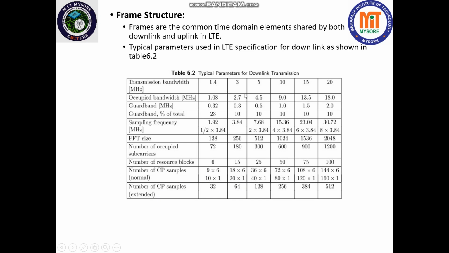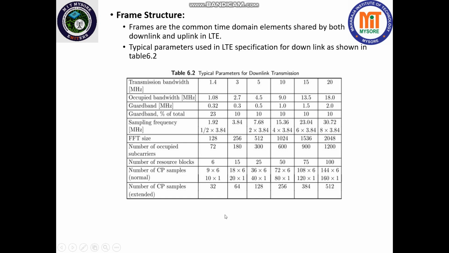Similarly, for 3 megahertz there are different parameters. For 5, 10, 15 and 20 megahertz, we can see the FFT size goes on increasing and the number of occupied subcarriers also increases, but the guard band percentage is the same for all these bandwidths, and it is maximum for 1.4 megahertz bandwidth.